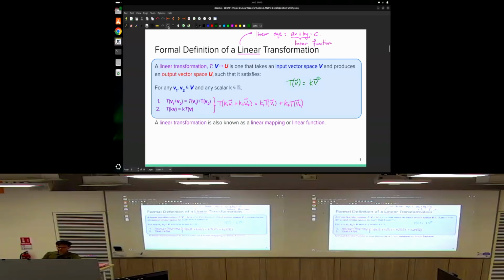There are nonlinear transformations, but they are not that useful or common, so we just stick to linear transformations.